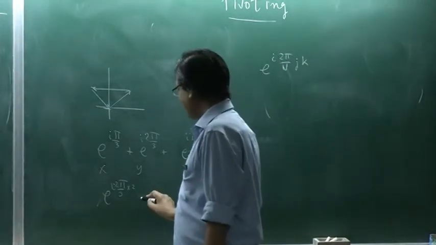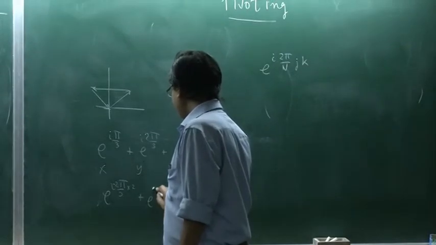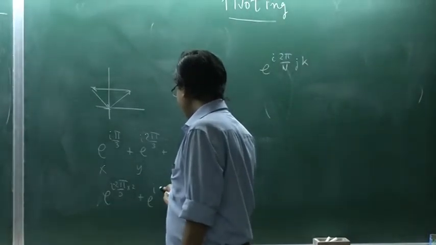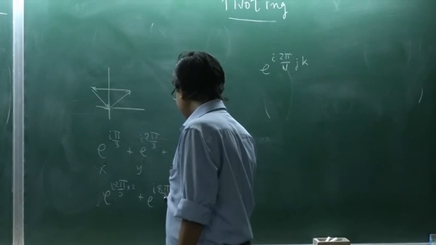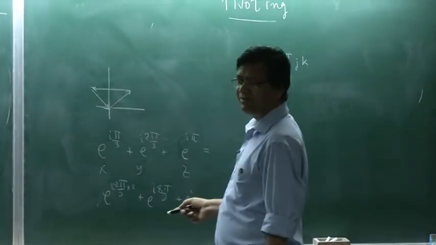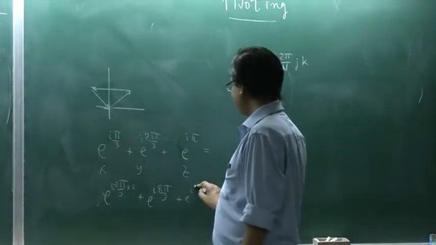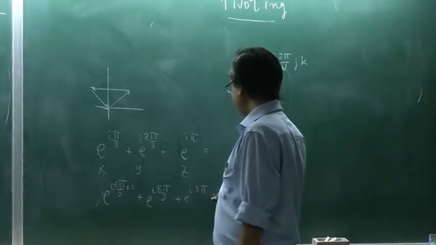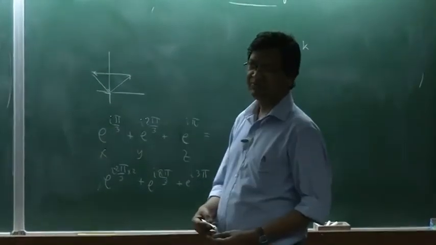So just multiply by 2: i 4 pi by 3, then 8 pi by 3, then 12 pi by 3. So this also gives 0.